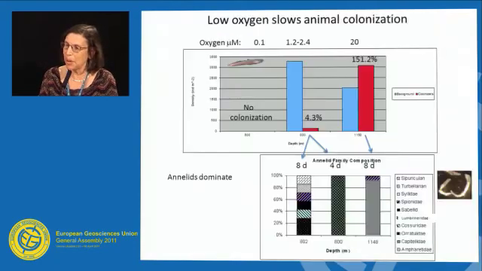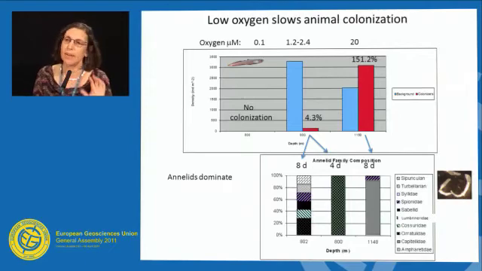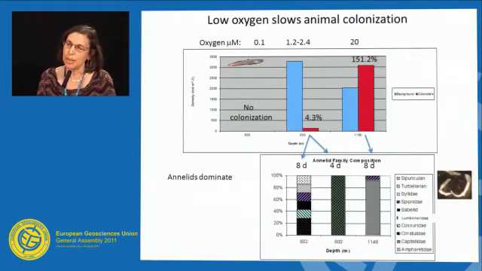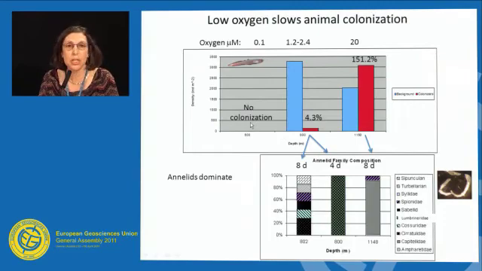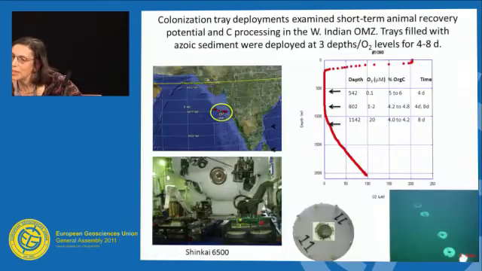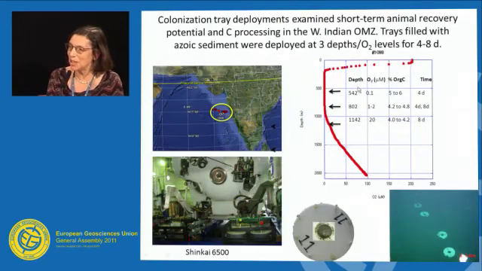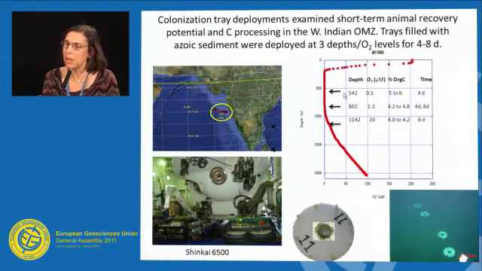And these experiments were done with the Shinkai 6500 on a Japanese research vessel. And here I show you just very briefly the results. We had no colonizers coming in. Can I go backwards? I think what I needed to say that's quite important is we put these out at 3 different water depths.